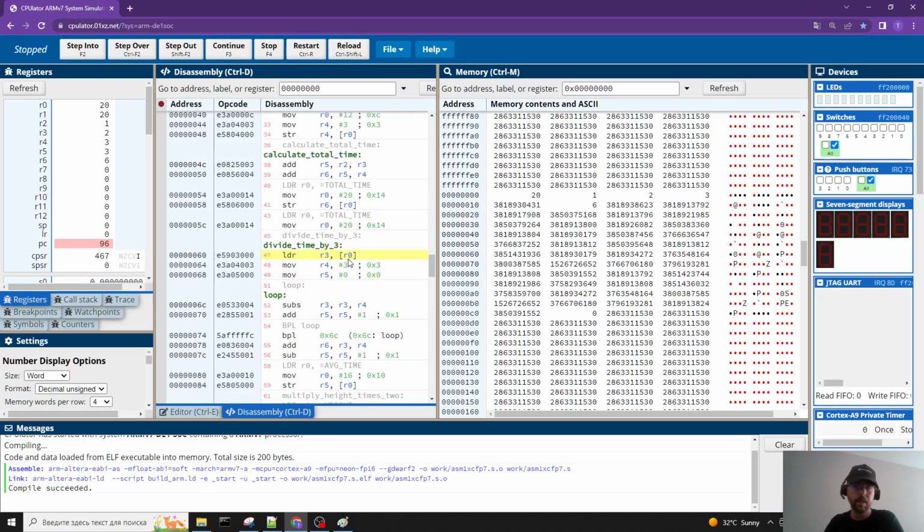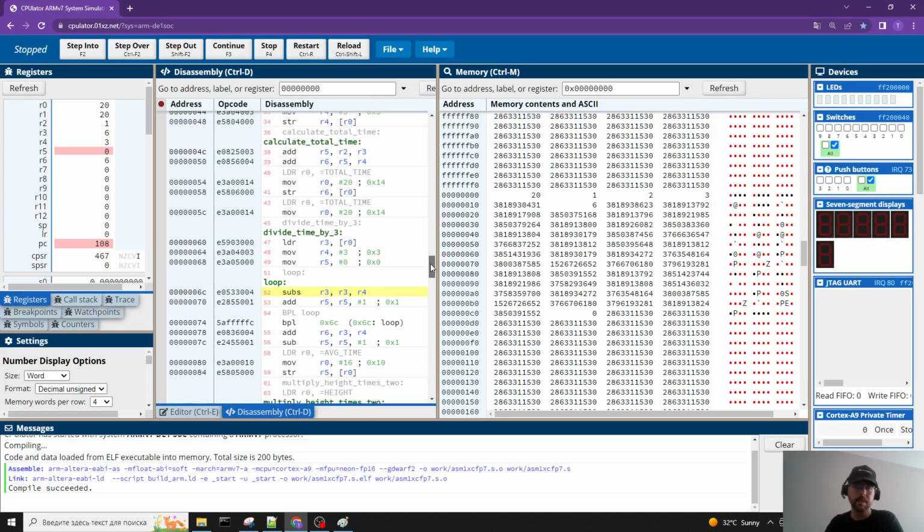So if I look, register 0 points to 20. 20 was this one that has a 6. So we're going to load that value 6 into register 3. When I push step, register 3 should change to a 6, which it did. And then we're going to load the decimal value 3 into register 4, which was already there actually. And we're going to load a 0 into register 5.